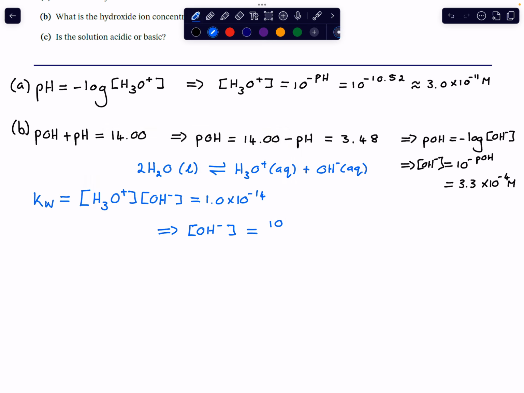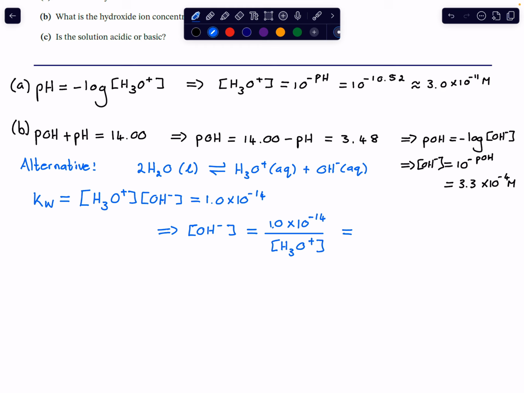So this is our alternative. This is 1.0 times 10 to the negative 14 divided by the hydronium ion concentration.